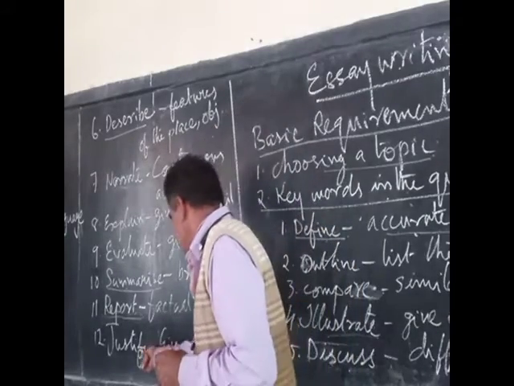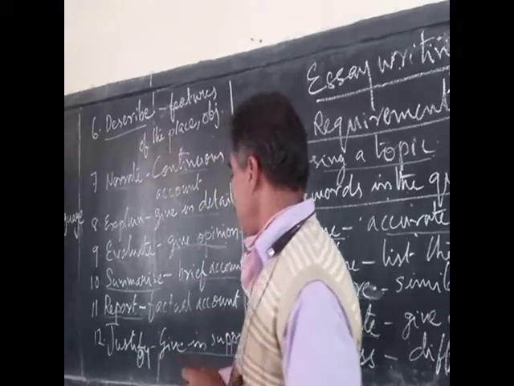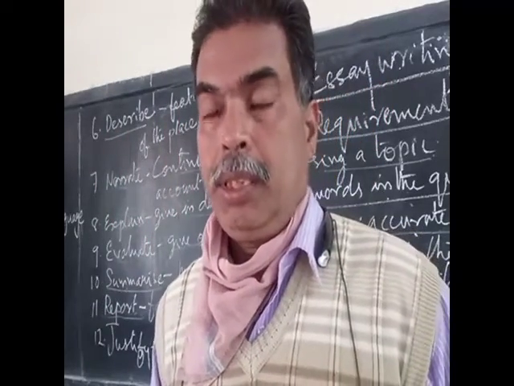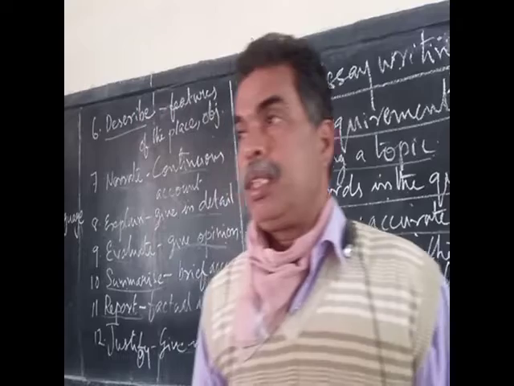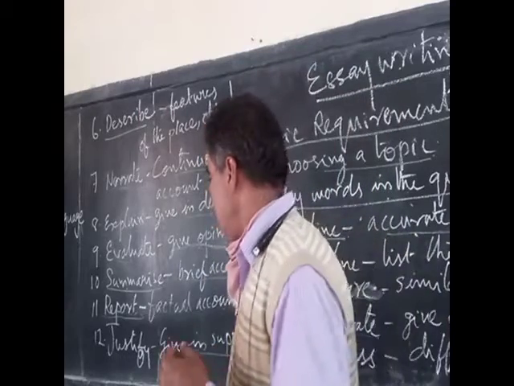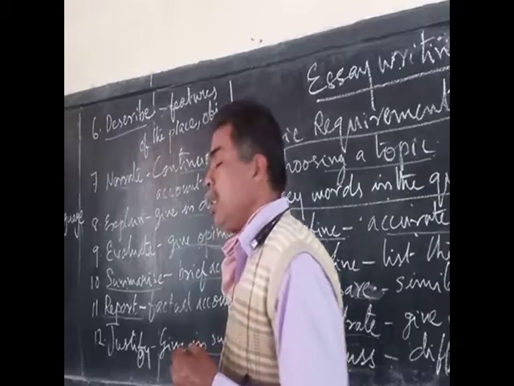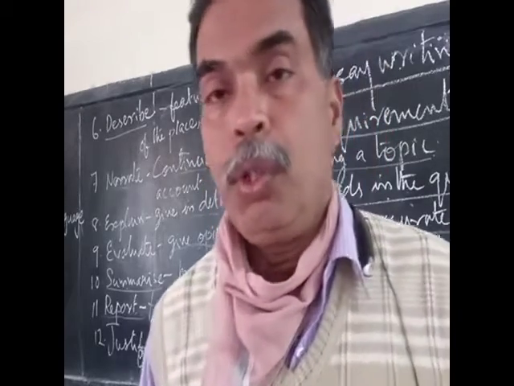And the last one is justify, where you have to give your arguments in support of it, agreeing to it. In my opinion, this is how it is, that you should do it or you should not do it.